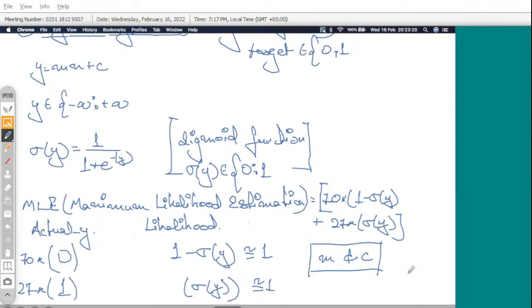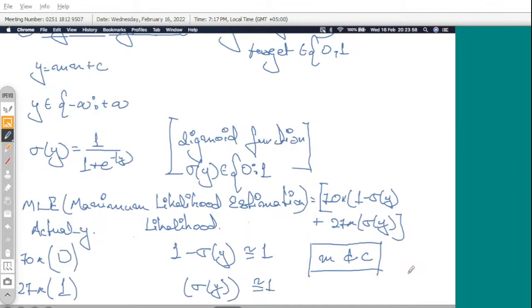Easy? Logistic regression? Easy? Yes, guys? So now the important question that can be raised during the interviews is the difference between OLS and MLE, right?